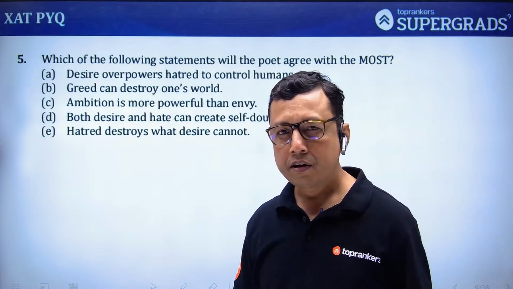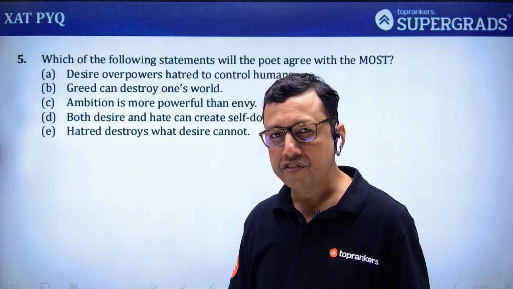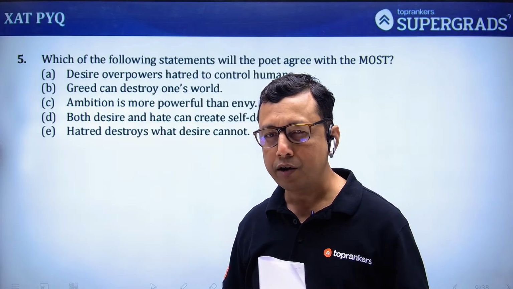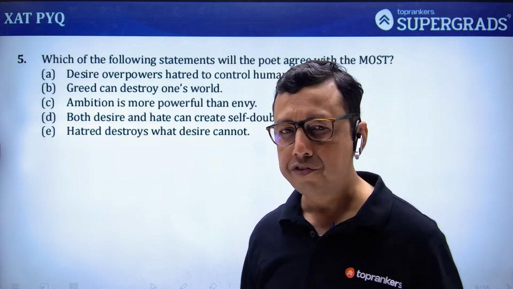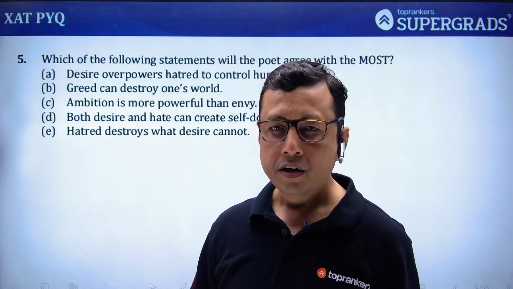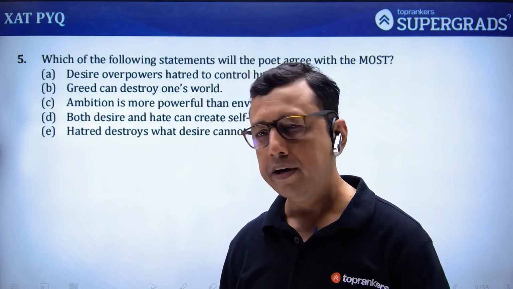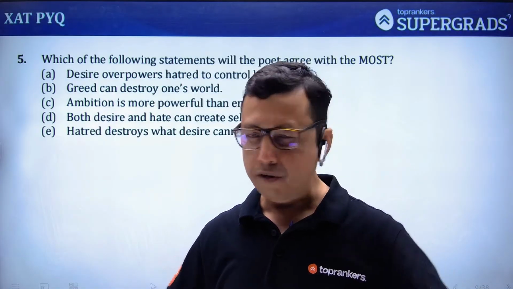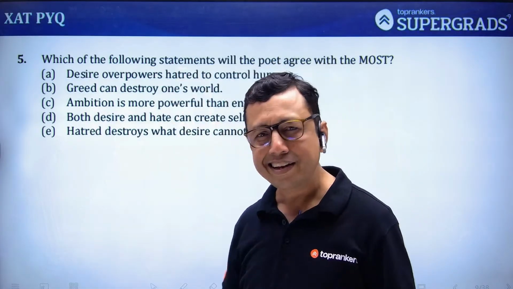As in, the desire of a human being overpowers hatred. So desire overpowers hatred, as in there are two things in a human being, desire and hatred. Desire will overpower hatred and hatred will vanish, desire will be there, something of that sort. So nothing of that sort is indicated in the poem.